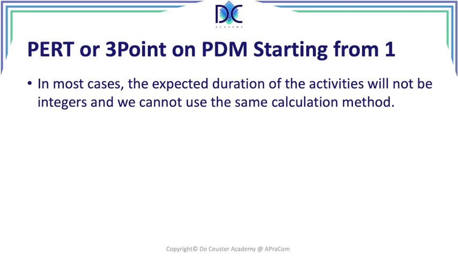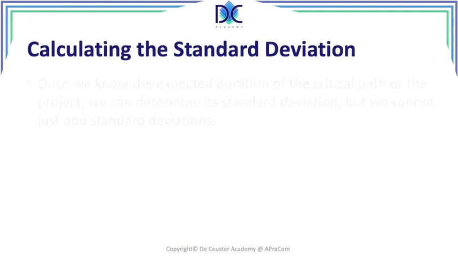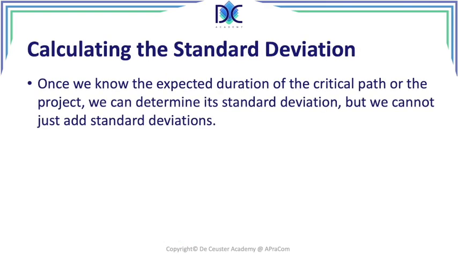So basically what we have to do is identify the duration of all the paths, and we have to select the critical path, which is the longest path, and then calculate its standard deviation. So you see the activities A, D, and G, and the calculation of the duration of the critical path. The next thing to do is to calculate the standard deviation. And once we know the expected duration of the critical path or the project, we can determine its standard deviation, but we cannot just add the standard deviations as such.